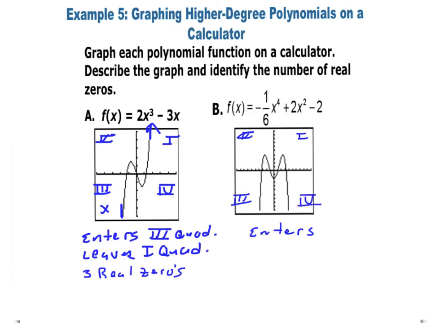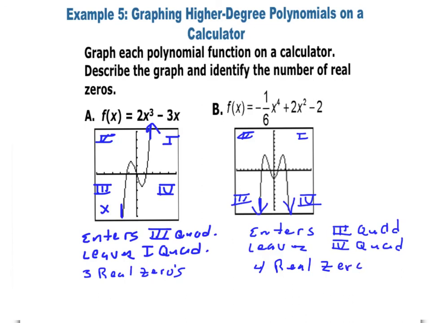It enters in the third quadrant, because we always go from left to right, and it leaves in the fourth quadrant. And how many times does it cross? Well, once there, 2, 3, 4. So that means it has 4 real zeros.